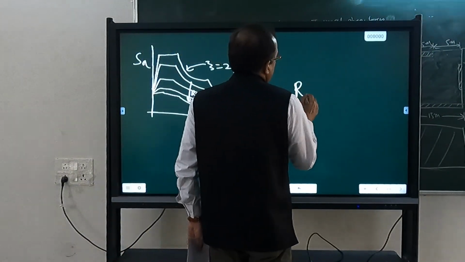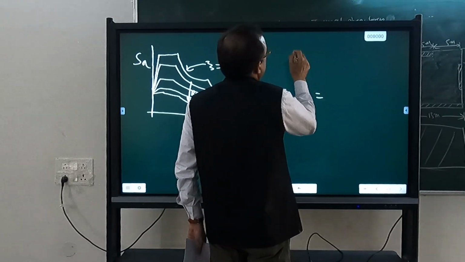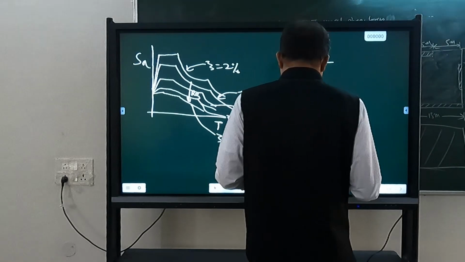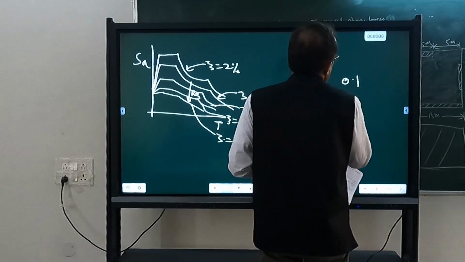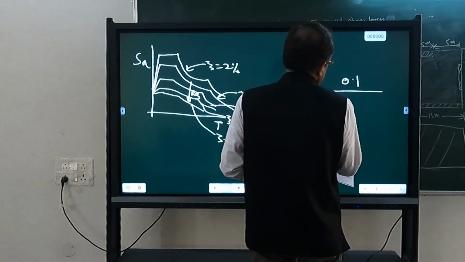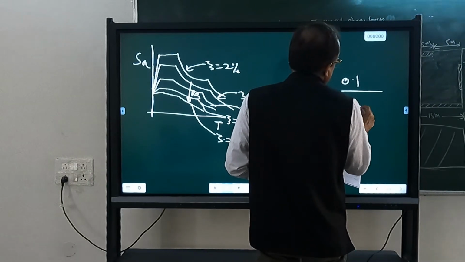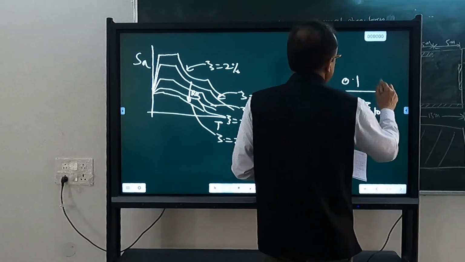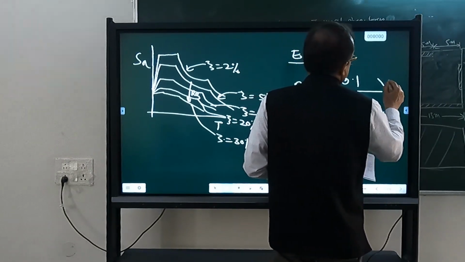Eurocode gives an expression for R psi, equal to 0.1 divided by 0.05 plus xi equivalent or xi total, whole to the power 0.2.